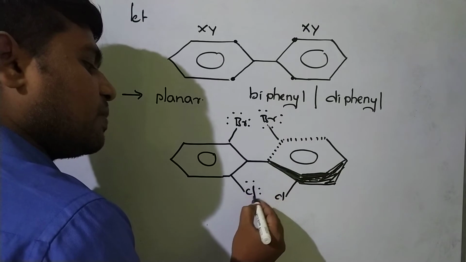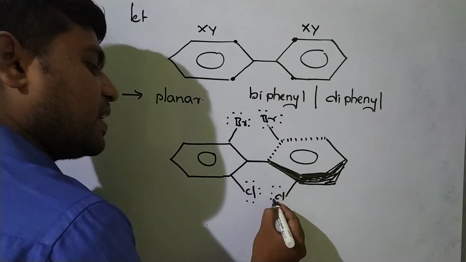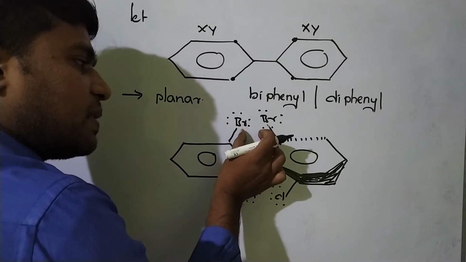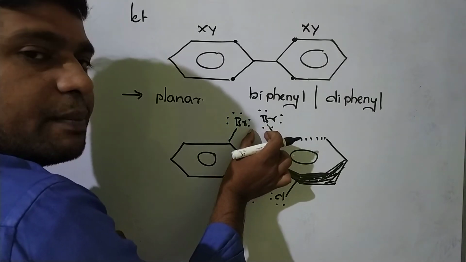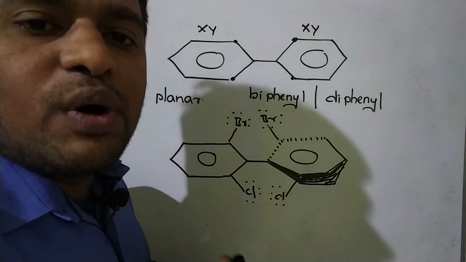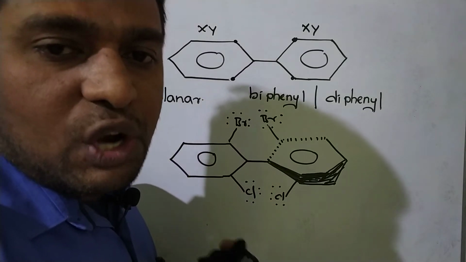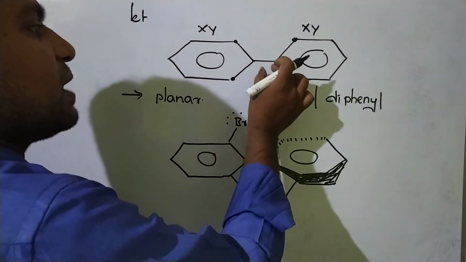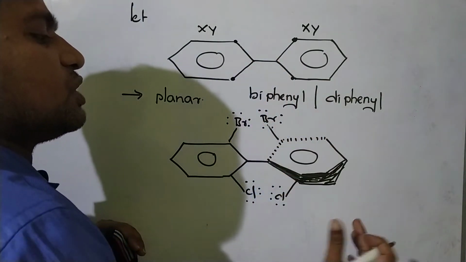These bulky atoms are present side by side, so there exist strong repulsion forces. Due to the strong repulsion, the planar molecule immediately turns into non-planar.